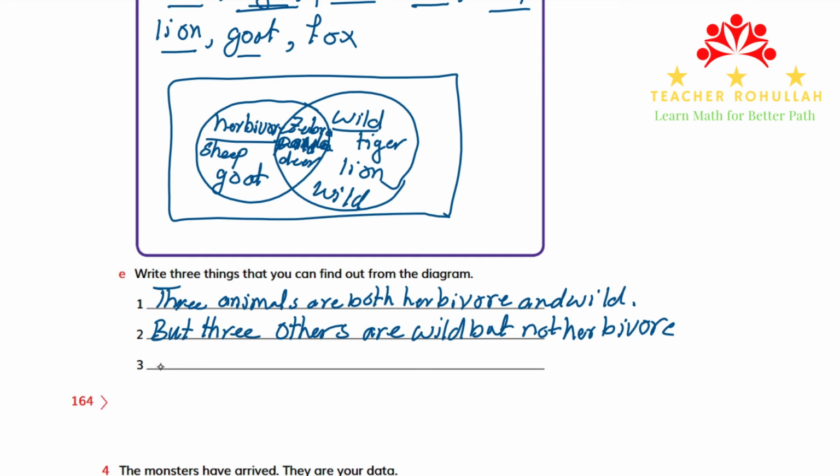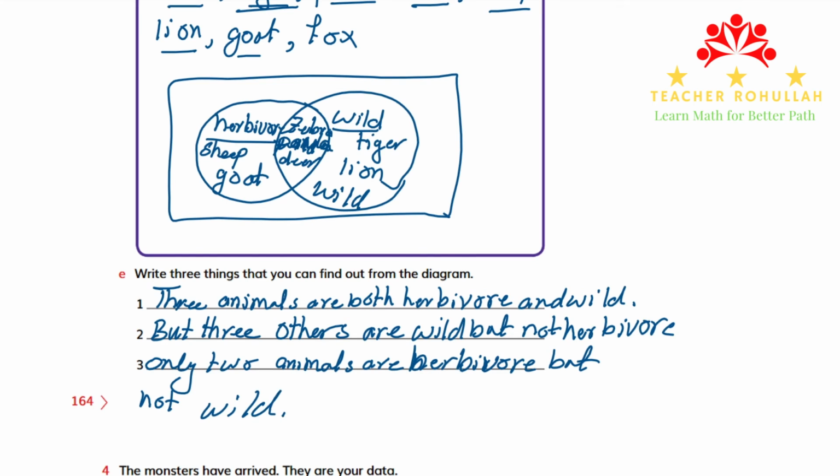So the third one, we can say only two animals are herbivore, but not wild.